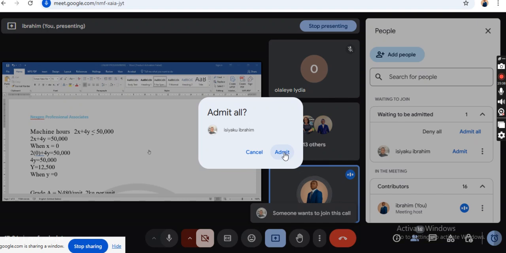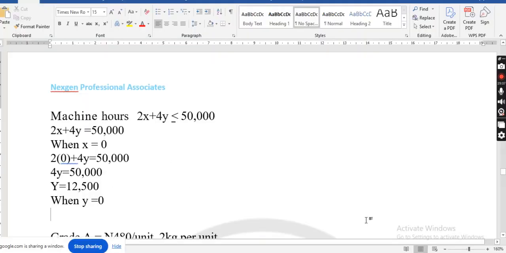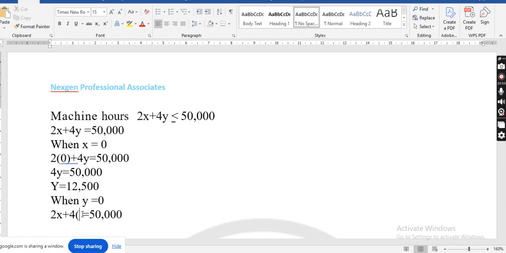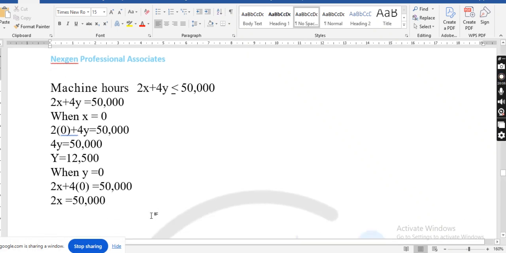When y is equal to 0, what will be our x? So this open bracket 0. Then we can have 2x is equal to 50,000. So x is equal to 50 divided by 2. What do you have? 25,000.